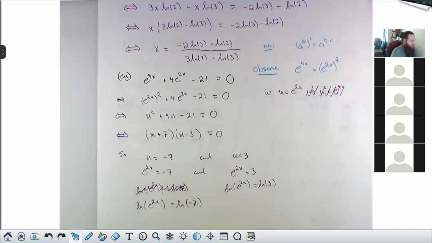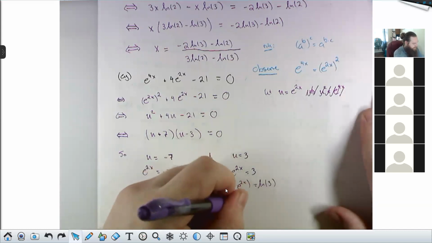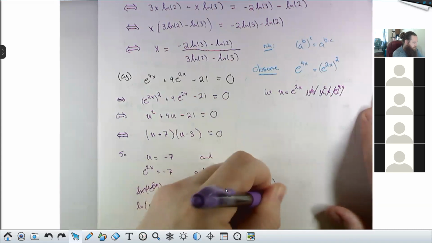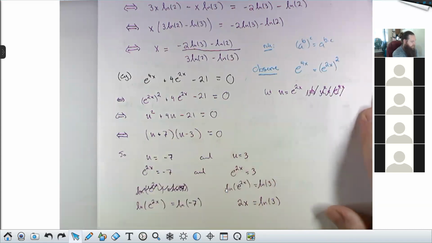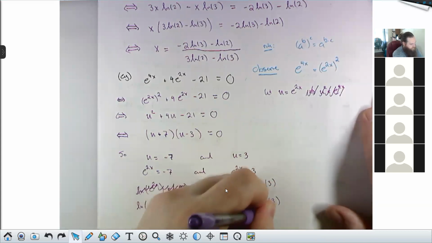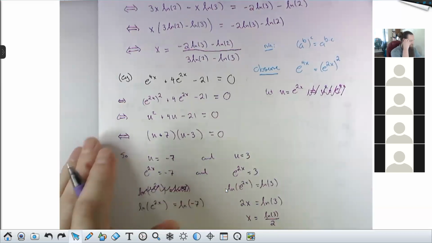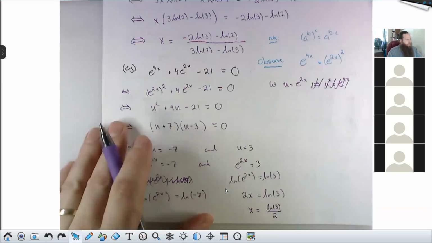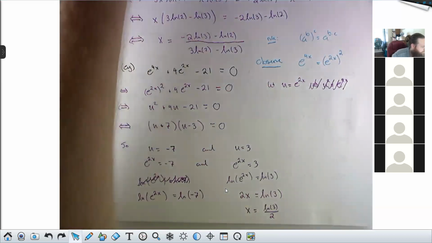The other guy, this is going to be 2x times the ln of e, or just 2x, equals the natural log of 3, because you know the ln of e is 1. So you get x equals ln of 3 over 2, or 1/2 ln of 3. What about the first one?